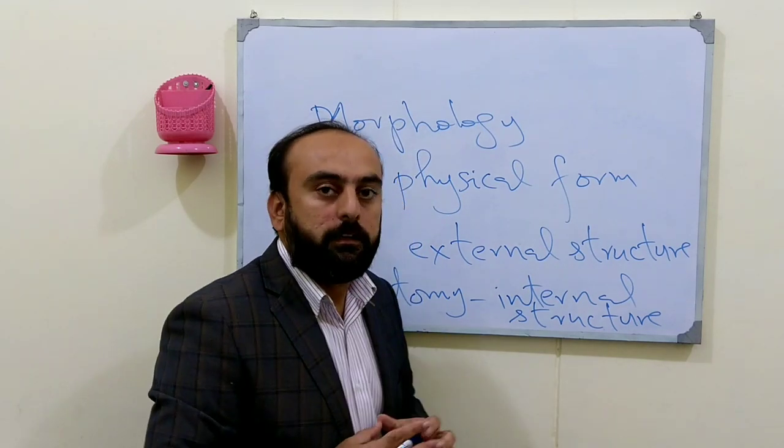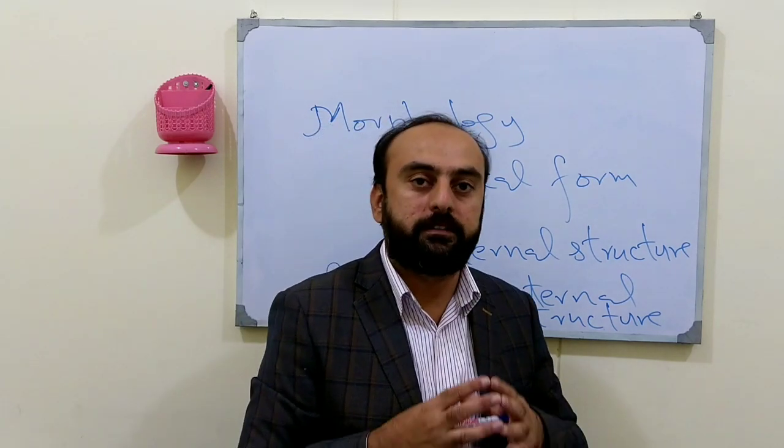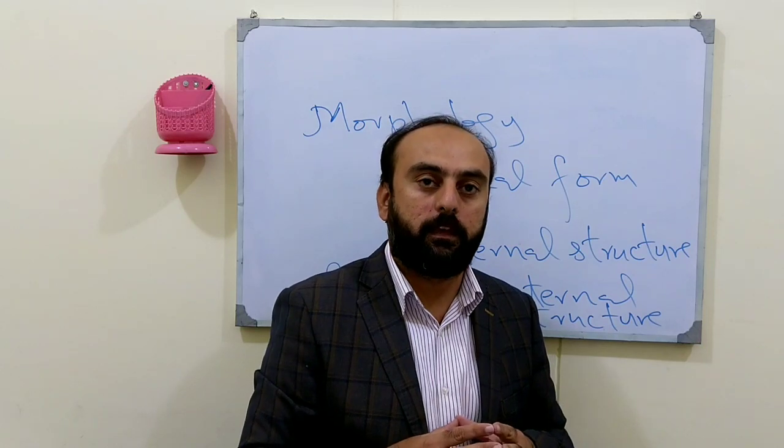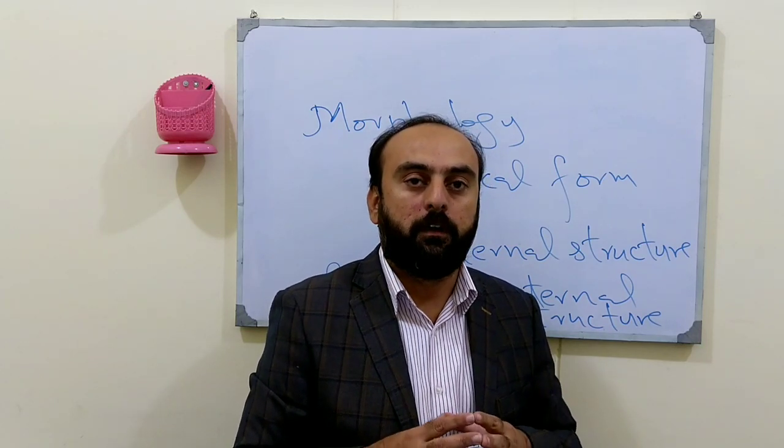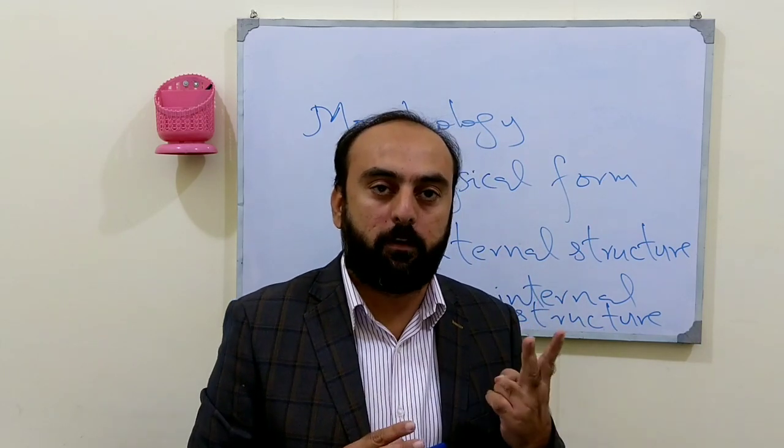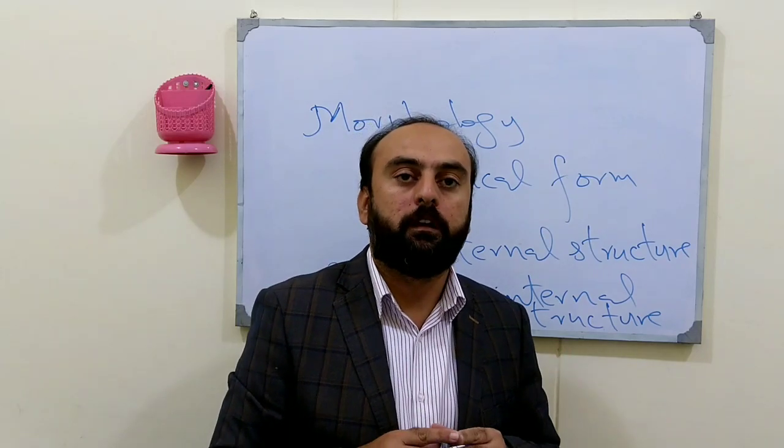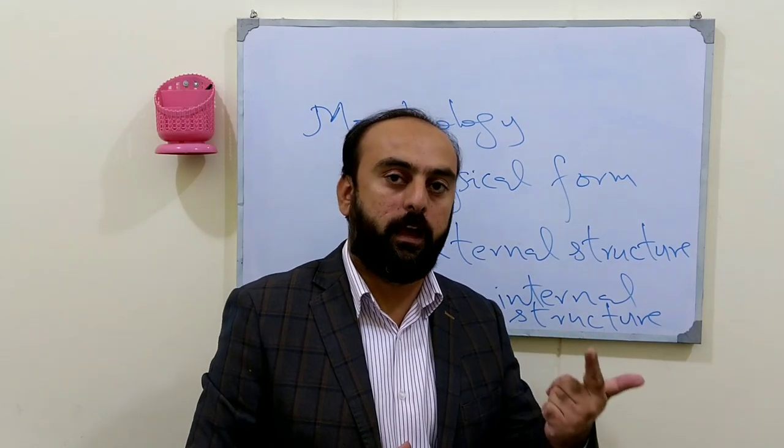If we look at the structural organization of a plant, it consists of two organ systems, shoot system and root system.